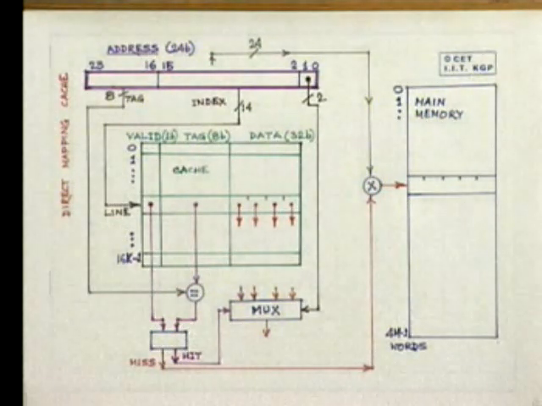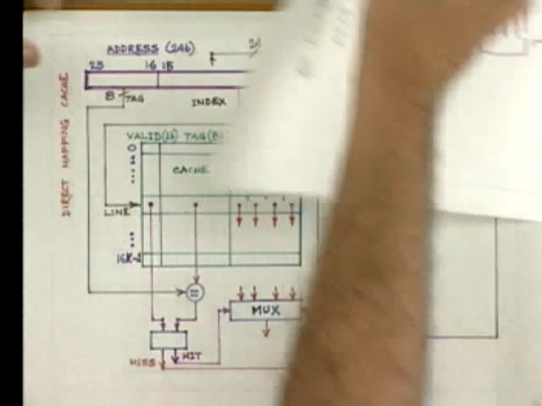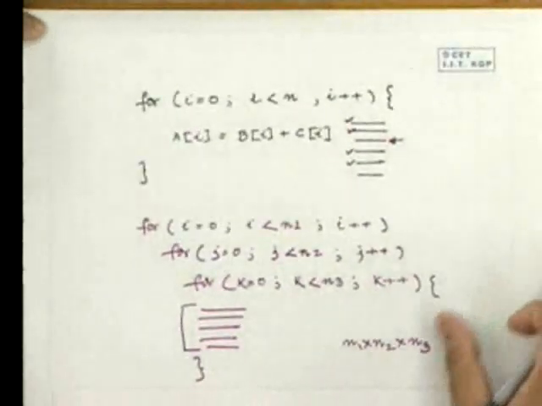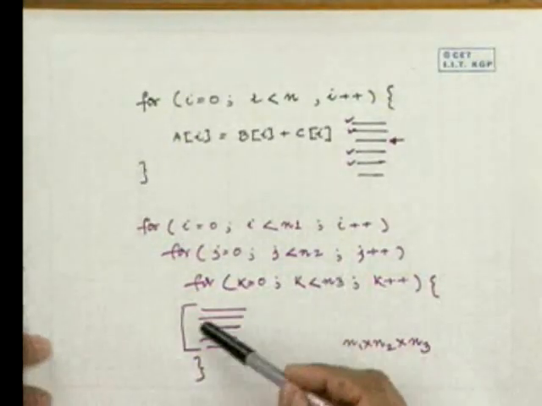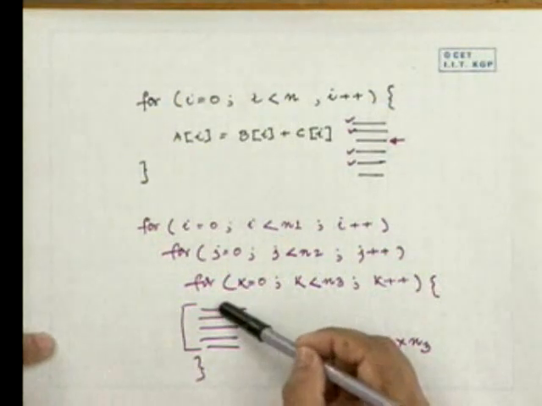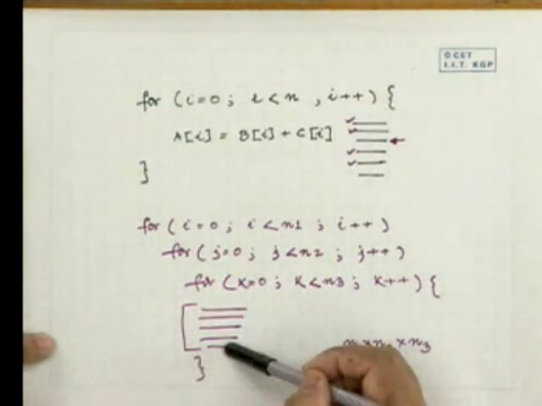Now you see one thing: when I was talking about instructions and data many times, for instructions the temporal locality or the spatial locality holds.